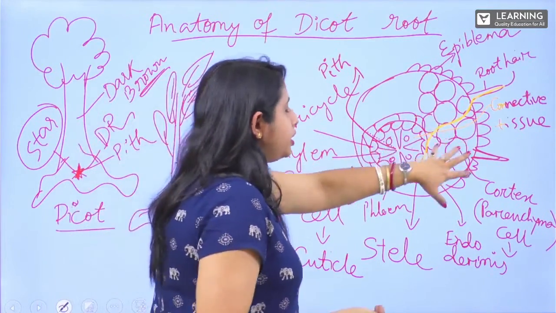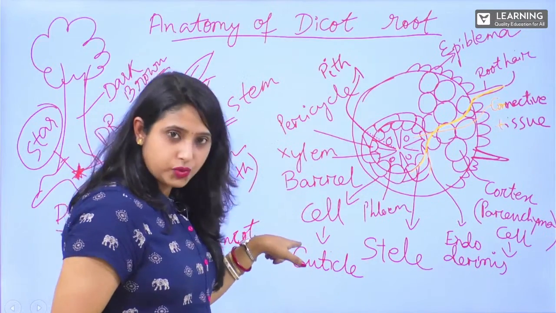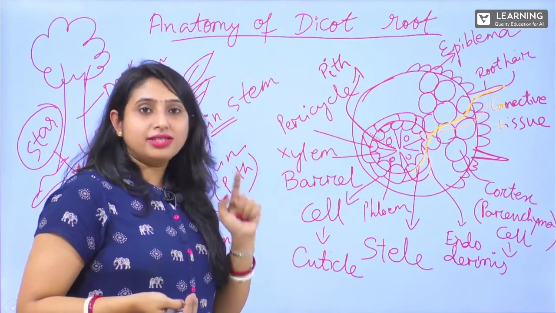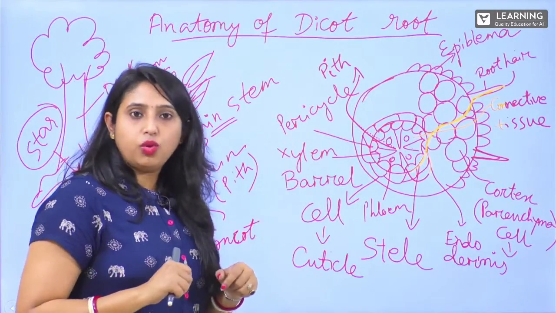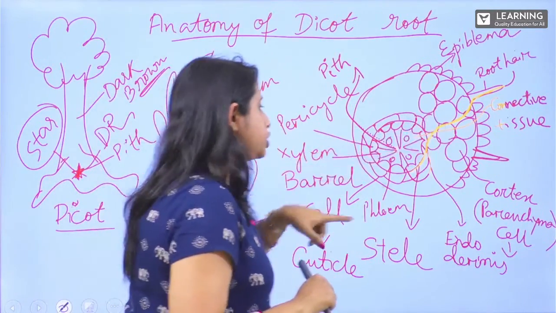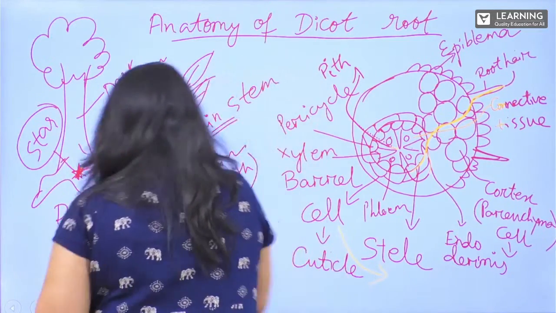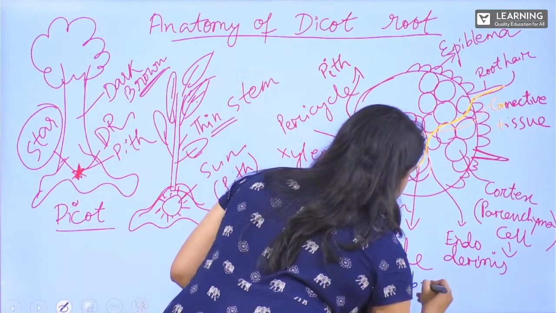So why can the water not transfer? Because here there are the barrel cells, right? So these barrel cells are rich in a waxy layer, okay? They have got a waxy layer that does not allow the water to pass through the cytoplasm. So this waxy layer in the barrel cells is made up of suberin, okay?